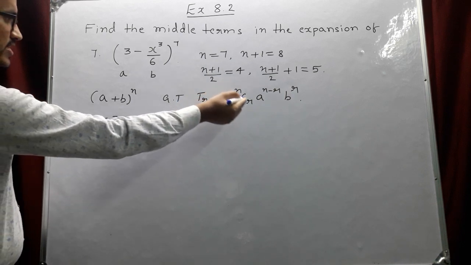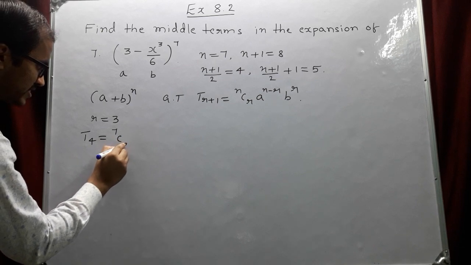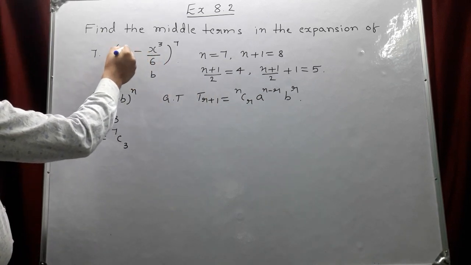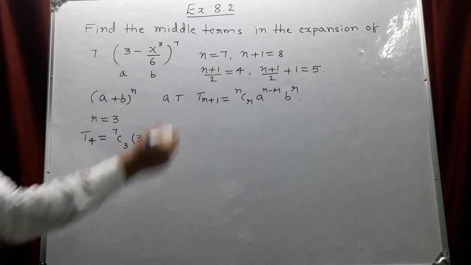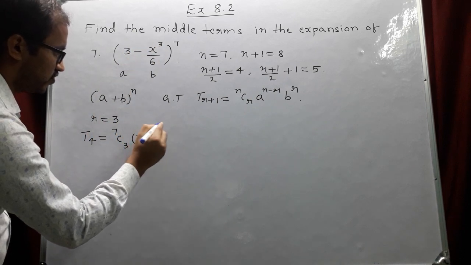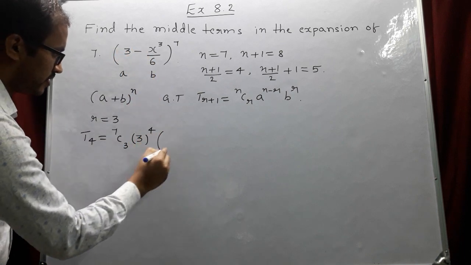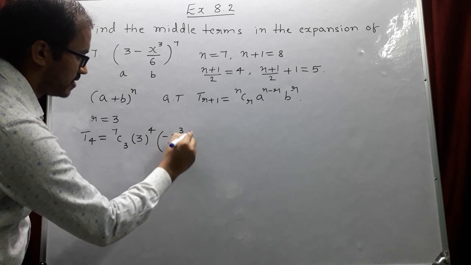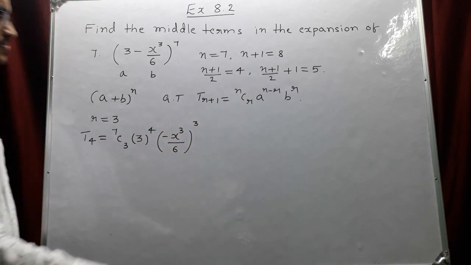T4 is equal to nCr, n value is 7, so 7C3, and the a value here is 3. So a power (n minus r), that is 7 minus 3 becomes 4, into the b value, which is (minus x cube by 6), power r value, which is 3 here.